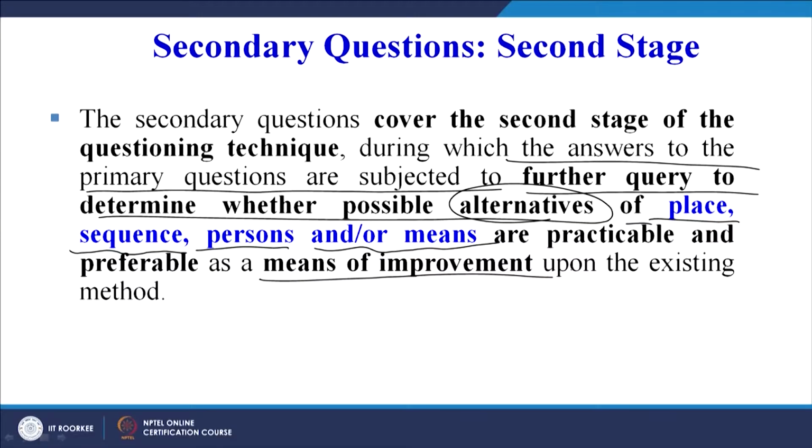The secondary questions cover the second stage of the questioning technique, during which the answers to the primary questions are subjected to further query to determine whether possible alternatives of place, sequence, persons and or means are practicable and preferable as a means of improvement upon the existing methods.